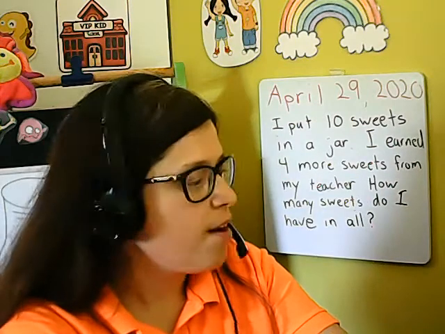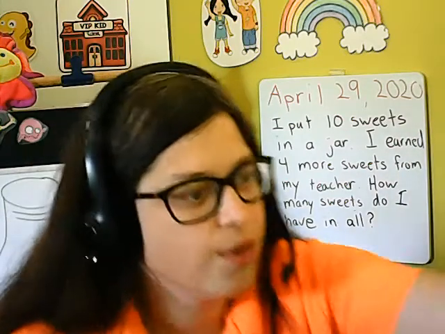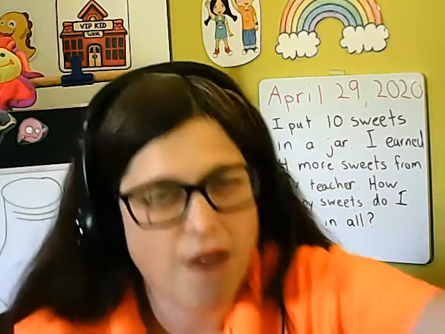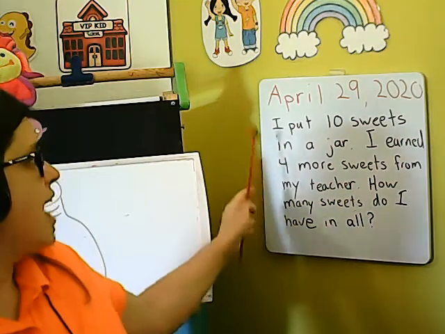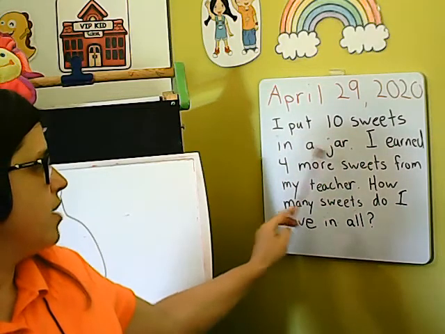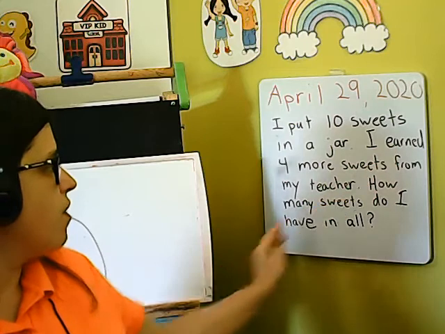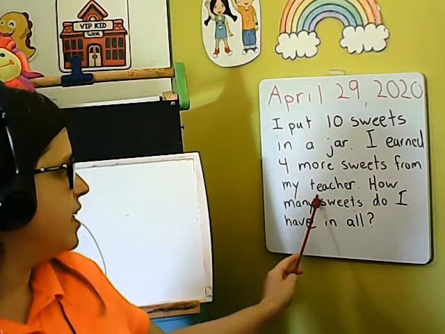So, the first thing we need to do is read the story problem and figure out what we need to do with it. It says, I put 10 sweets in a jar. I earned 4 more sweets from my teacher.